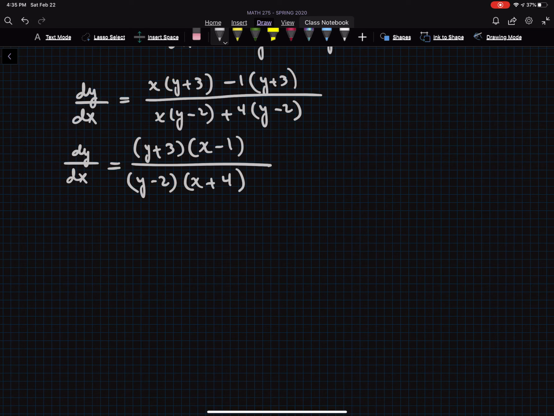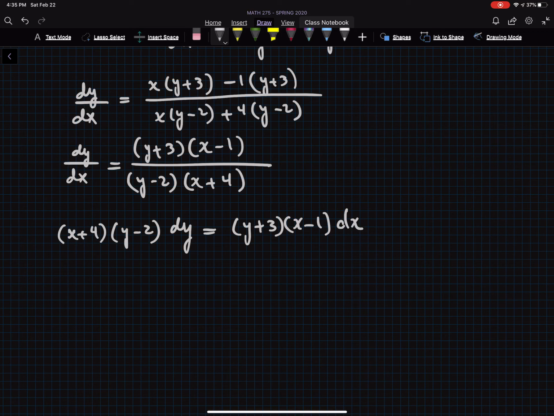So I'm going to write this as x plus 4 times y minus 2 dy, writing this in a differential form, y plus 3 times x minus 1 dx. So now I've converted the derivative form into a differential form. Just want to make a note of it so you guys all realize I haven't cross multiplied.